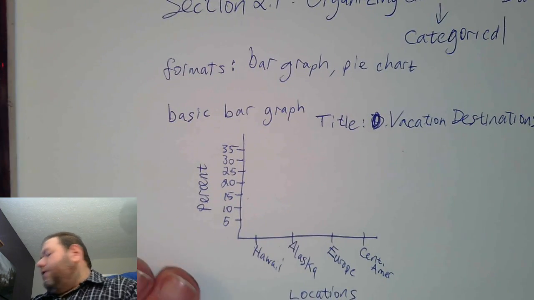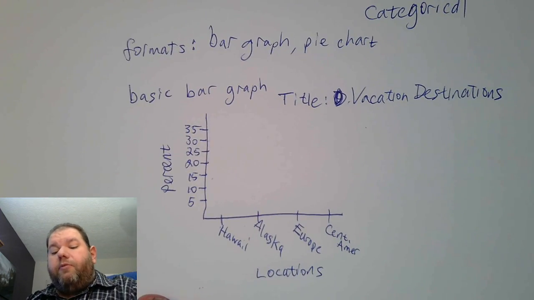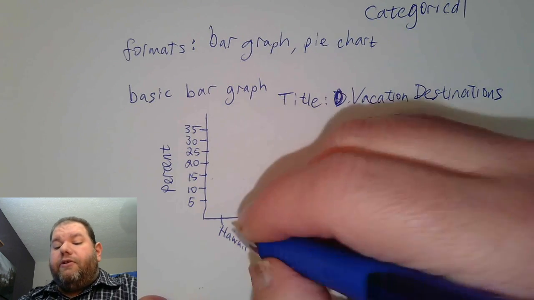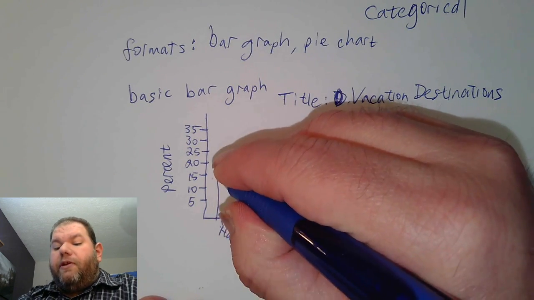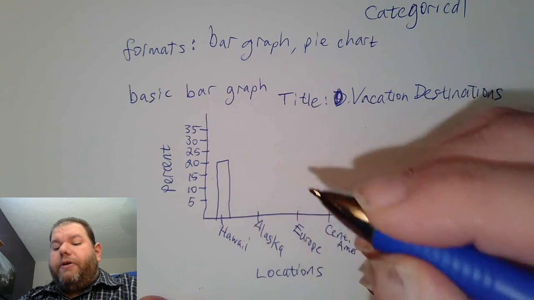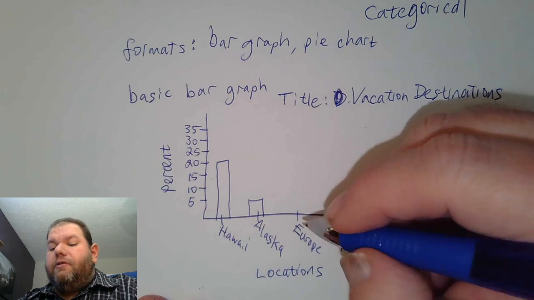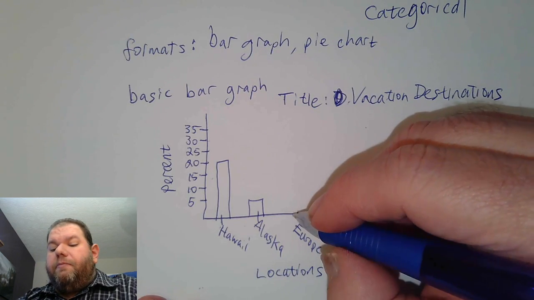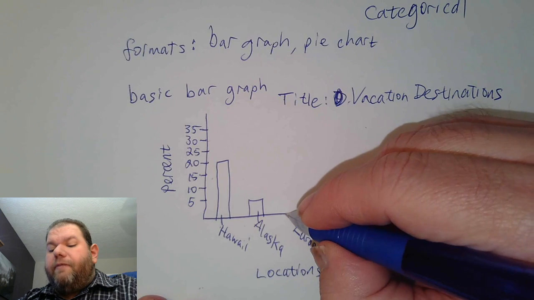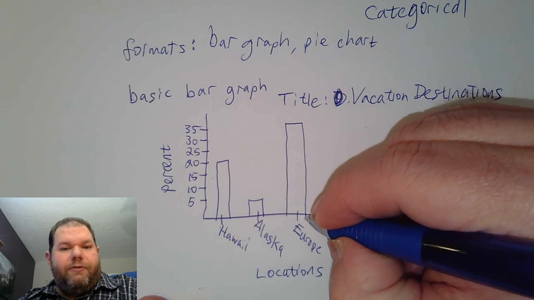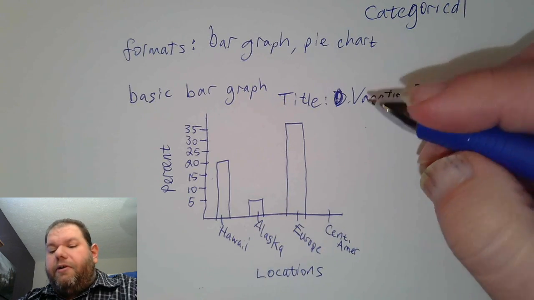And then from there we'd create bars that have the appropriate height to indicate the percent of people that chose those destinations. So maybe 20% of the individuals chose Hawaii, maybe 5% chose Alaska, maybe 35% chose Europe, which is kind of general, but I'm just creating 4 outcomes here.